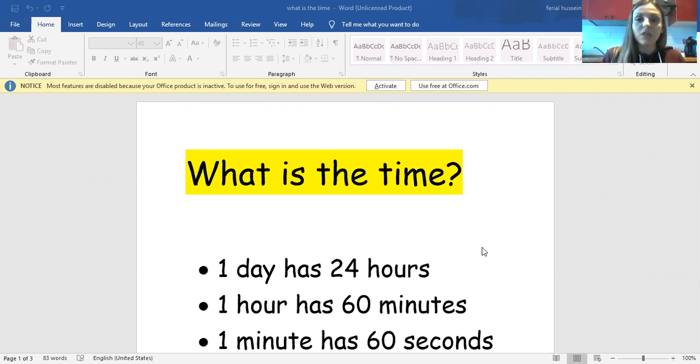So if you count the minutes in 1 hour, there are 60. 1 minute has 60 seconds. So if you count the seconds in 1 minute, there are 60 seconds. This is the most important thing to know when you want to learn how to tell the time. Okay, let's have a look.